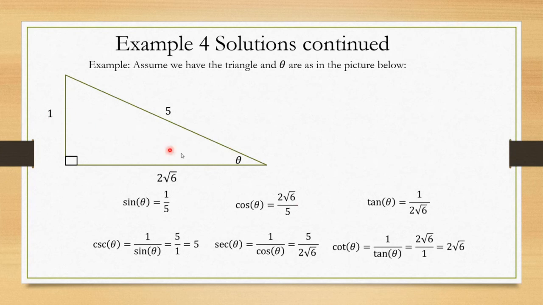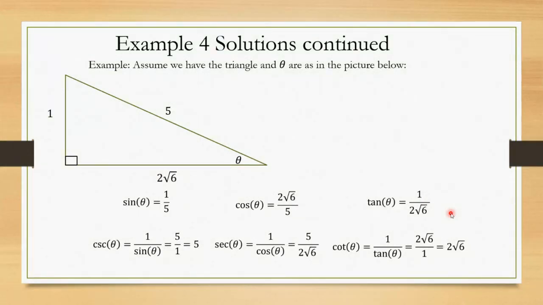So that's 1 divided by 2 radical 6. Cotangent is 1 over tangent, right? So that means you invert this, so you get 2 radical 6 over 1, which is 2 radical 6. So we get that.